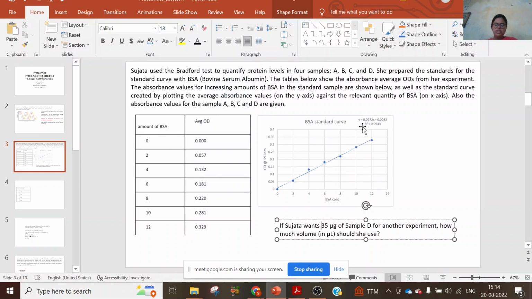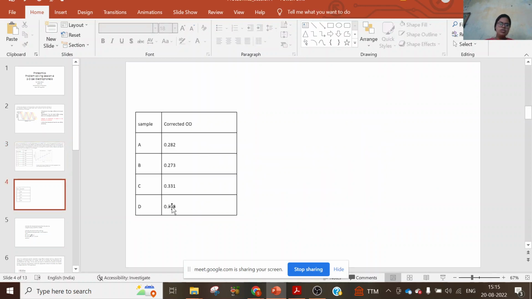You have to use this equation y equals 0.0272x plus 0.0082, and using this you have to calculate the value of x for protein D, where y is the OD. For sample D the OD is 0.308.